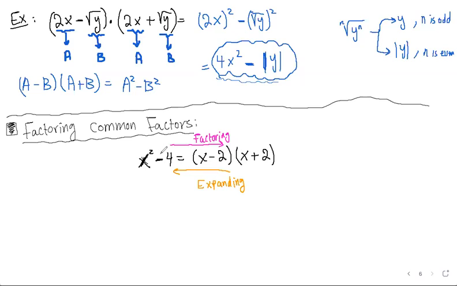From parentheses, going back without parentheses is called expanding. I give an example, and I will explain by the example how we can factor. So the question is, factor each expression.